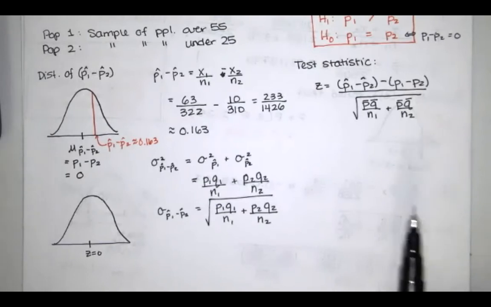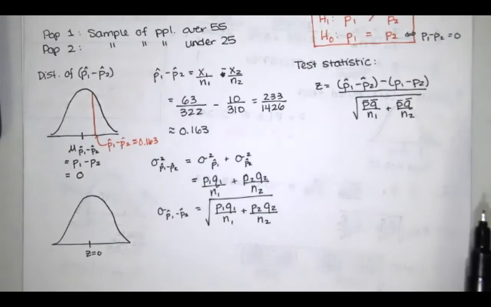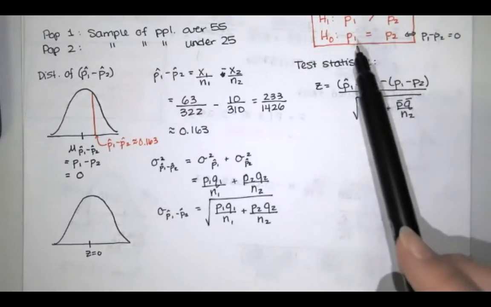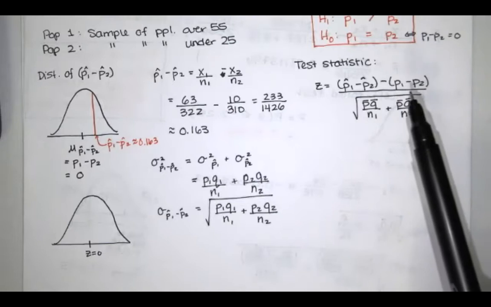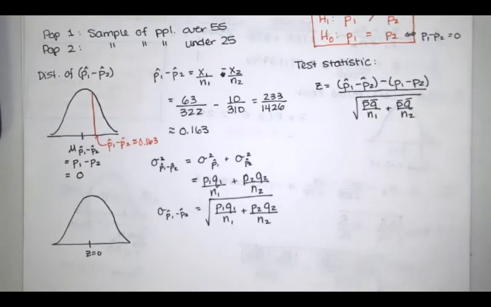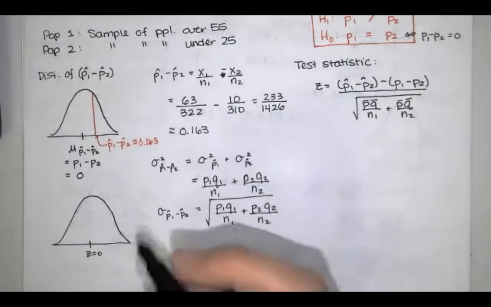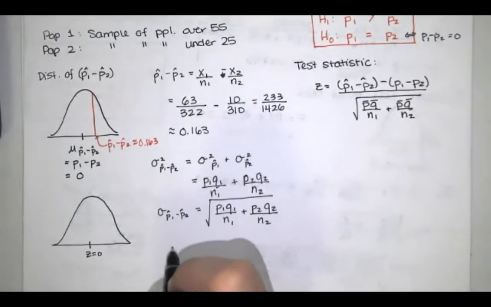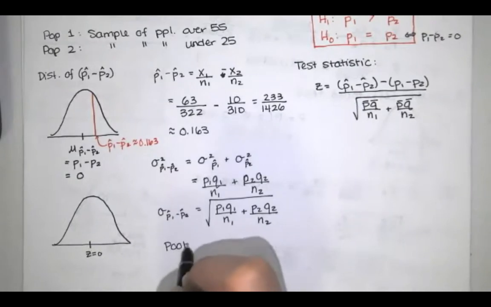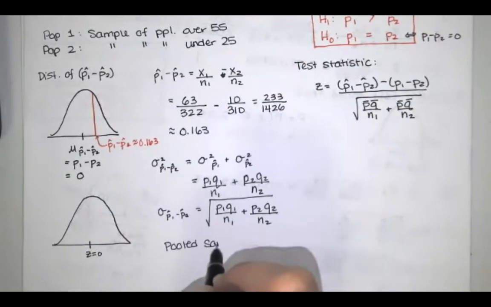So you might say, well, if I'm assuming these are equal to each other, what is our best guess for the value of P1 and P2? If they're equal to each other, it's going to take on one value rather than these two values that we have in this formula. Well, our best guess of what P1 and P2 would both be at the same time is given by what's called the pooled sample proportion.